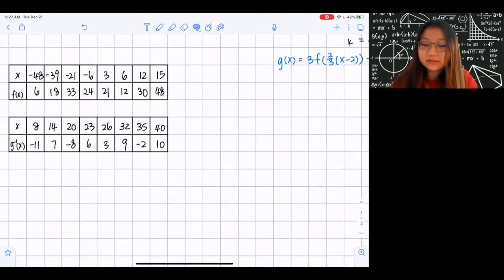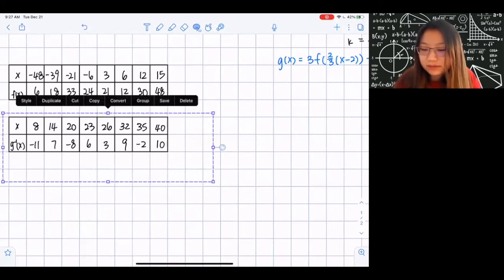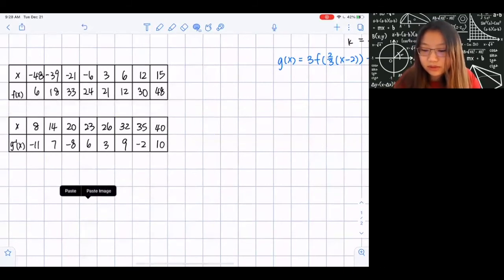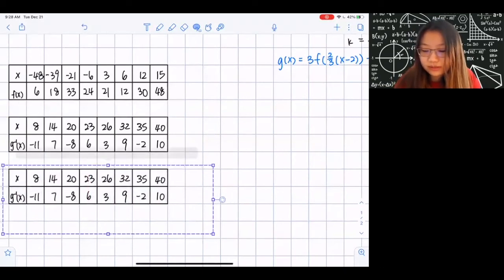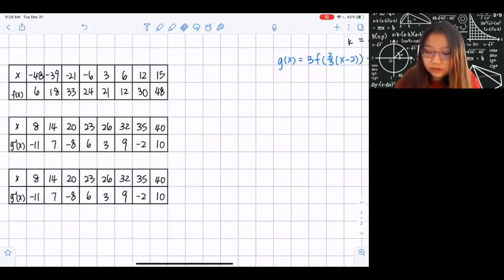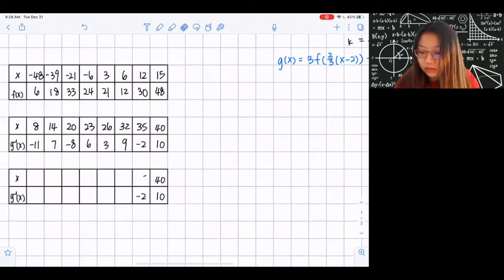For this question, you actually need to do one more step before moving on to the transformation part. So what can we do? My first step is still making this into the actual g of x instead of having the inverse over here. So I'm just going to switch my x's and y's, like the previous one I did.